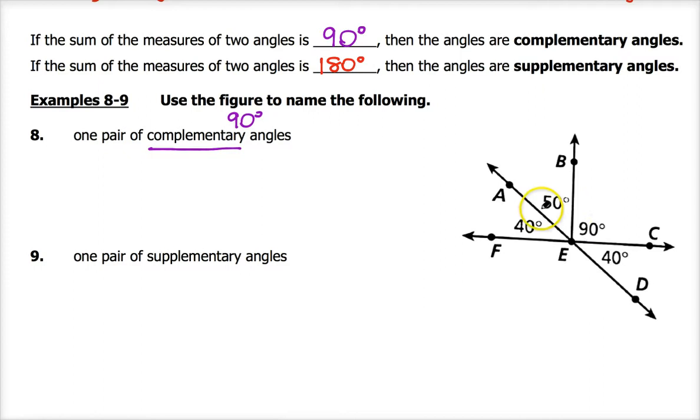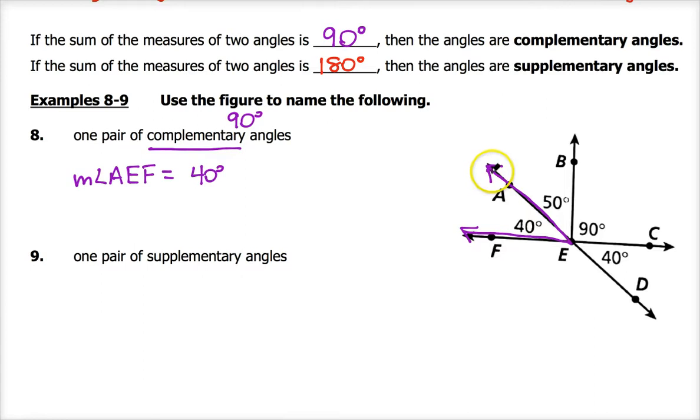Look at this diagram, and can you find two angles who, when you add their degrees together, you would get 90 degrees? Well, one possibility is one of the 40-degree angles. So angle AEF, this angle here, measures 40 degrees. And if I add a 40-degree angle with a 50-degree angle, I get 90 degrees.